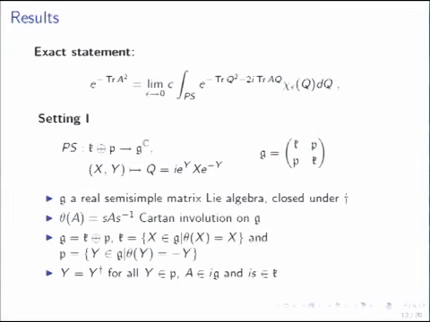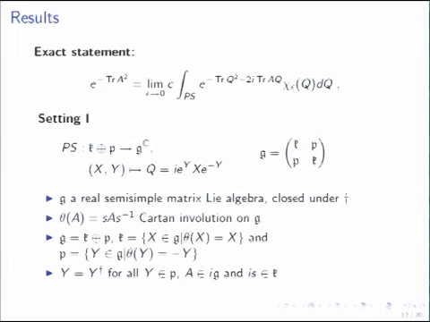And this 2 by 2 block structure comes from an involution, where K is the plus eigenspace of the involution and P the minus eigenspace. The matrices in P should be Hermitian, and A should again be in i times the Lie algebra, iS should be in K. So this is the general setting.